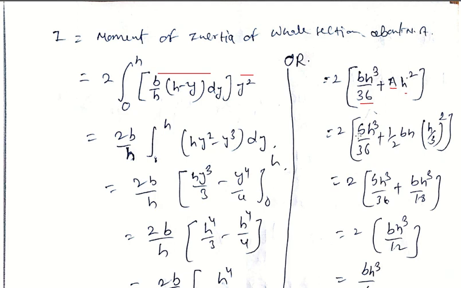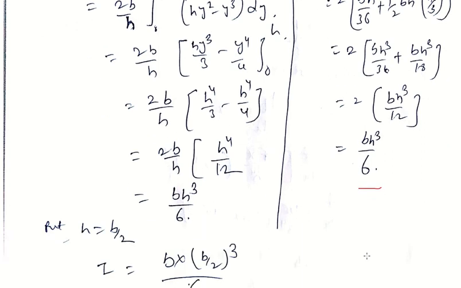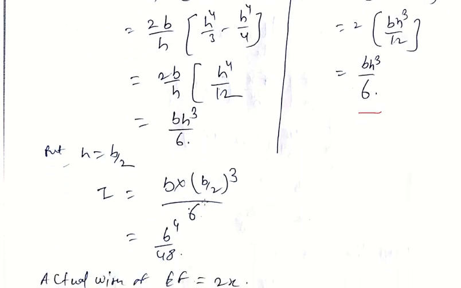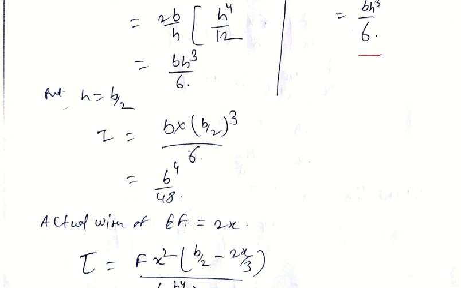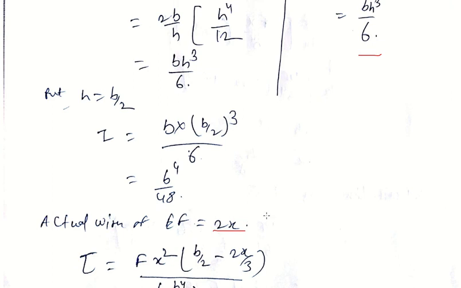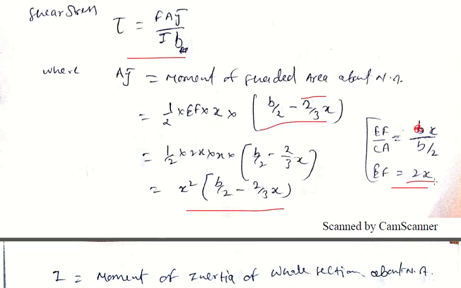We put these values and it gives b h cube by 6. Now h equals b by 2. We simplify the term and it gives b to the power 4 by 48. And we know the actual width of EF is 2x, because we calculated EF equals 2x.